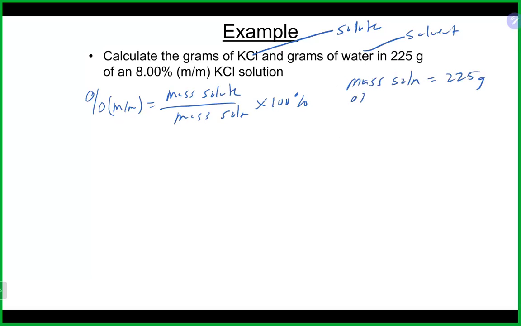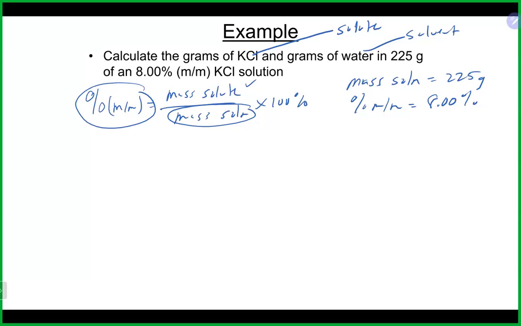We also have the percent mass to mass given to us, 8%. Again, we could convert that into a conversion factor, or we could just plug it into here. We have this number and we have this number, which means we can solve for the mass of the solute, and that will give us the grams of KCl in this solution.